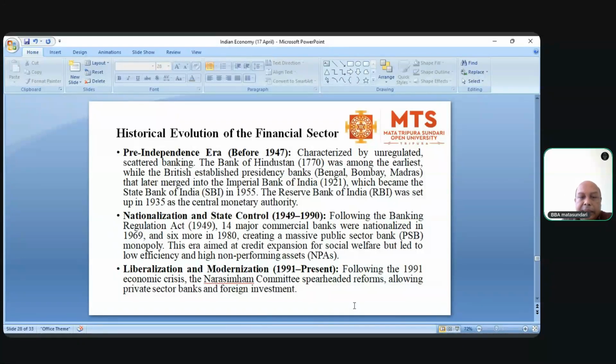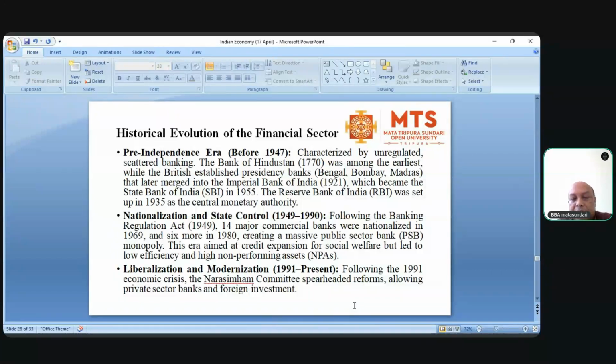But there were some challenges also faced by government banks, like low productivity, low efficiency, and high non-performing assets or losses of government banks or public banks. It's also a challenge for government banks.